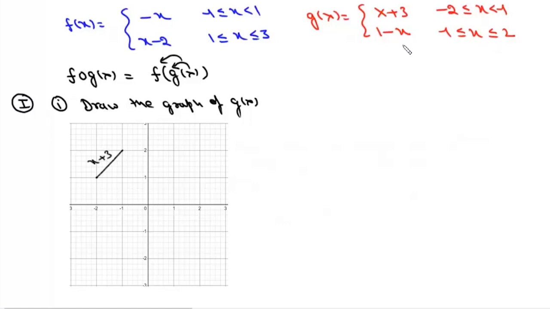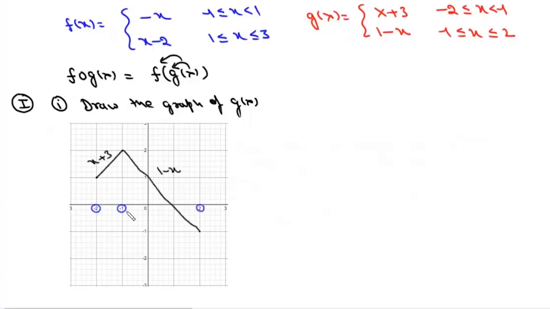And at 0, this is 1. So this is 2, then 1, then 0, and then minus 1. And here this definition is 1 minus x. Now there is a definition change at minus 1, so we'll highlight this minus 1. So the first step is to draw the graph of g(x). Now this graph is defined between minus 2 and plus 2, and there is a definition change at minus 1.